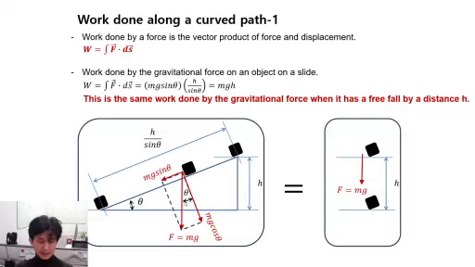If theta becomes 90 degrees, it will become a free fall.